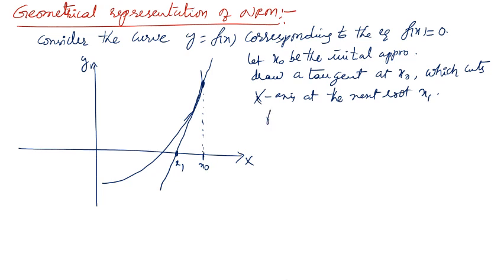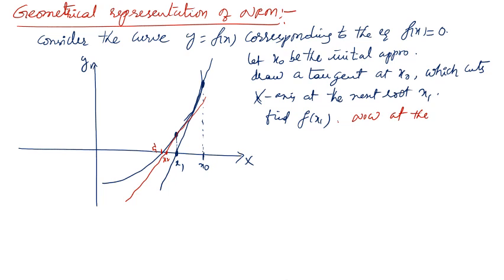Now find f of x1. This is the point on the curve, this is f of x1. At this point again draw a tangent to the curve, which cuts the x-axis at the next approximate root x2, and this is the exact root xi.